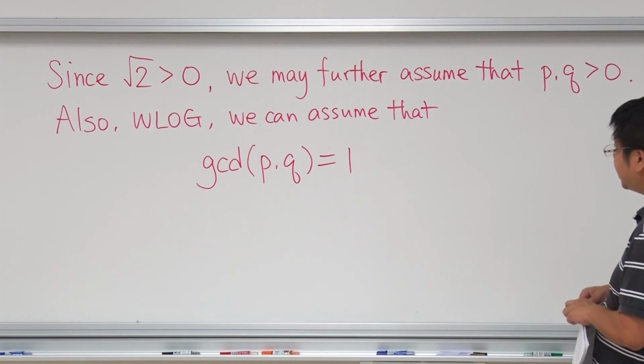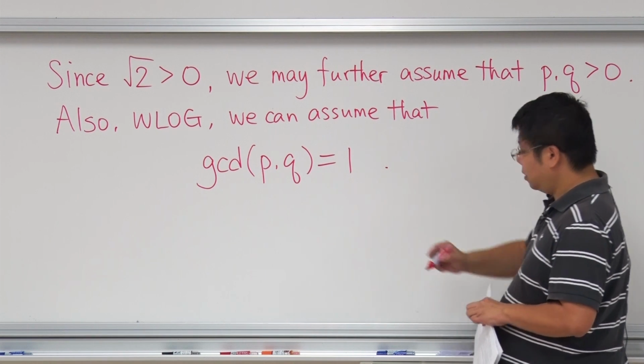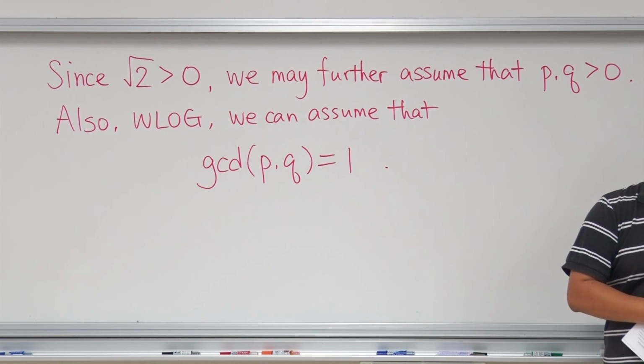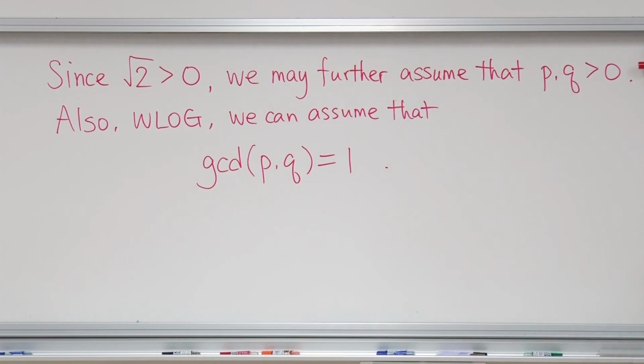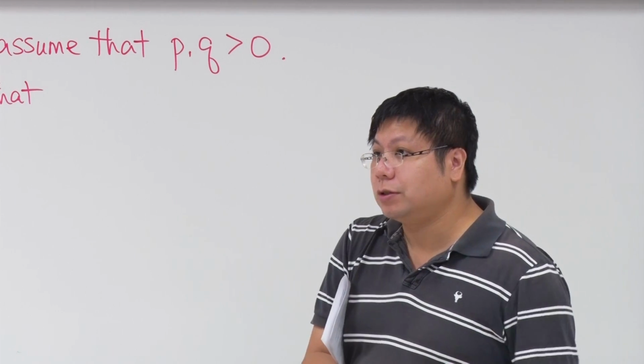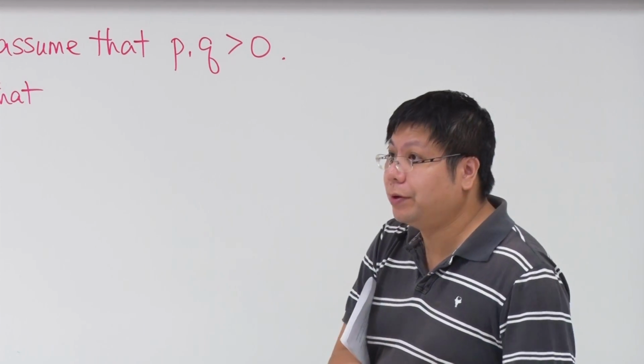So why can we have this assumption? Why? So this one makes sense, right? If square root 2 can be expressed as p over q, then we can first assume p and q are both positive, because the other case is p and q are both negative, and we multiply each by -1. So we get positive p and positive q.